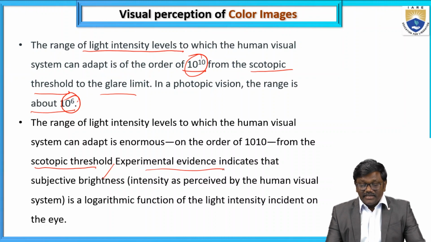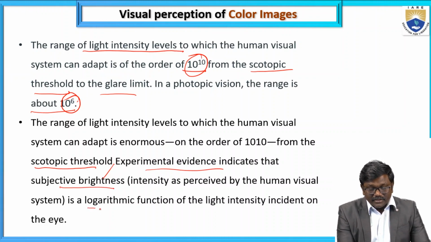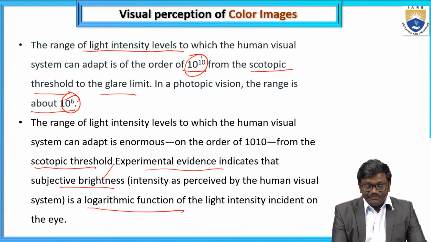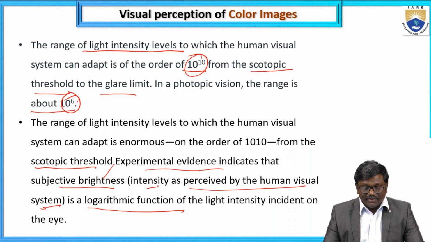Experimental evidence indicates that subjective brightness varies as a logarithmic function of the intensity incident on the eye, so the perception by the human visual system depends on the intensity value.